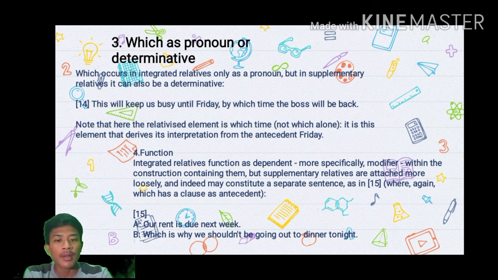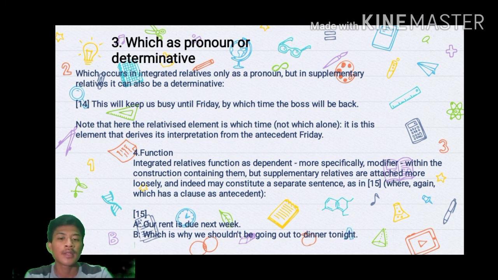For the example: This will keep us busy until Friday, by which time the boss will be back. Note that here the relative element is which time, not which alone. It is this element that derives its interpretation from the antecedent Friday.